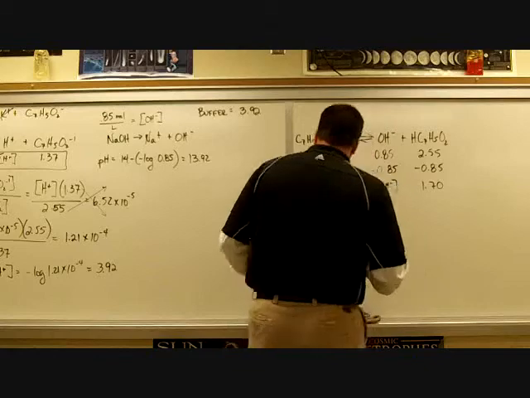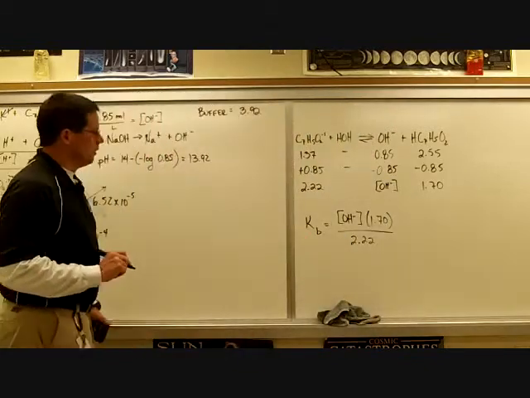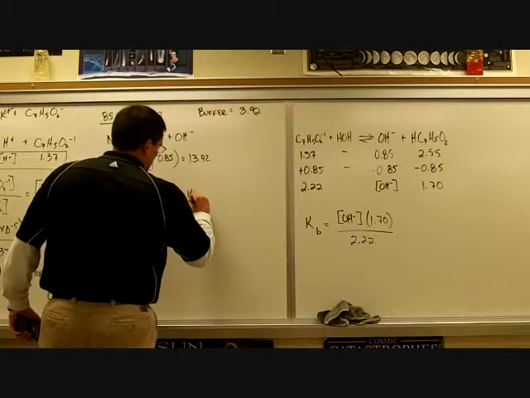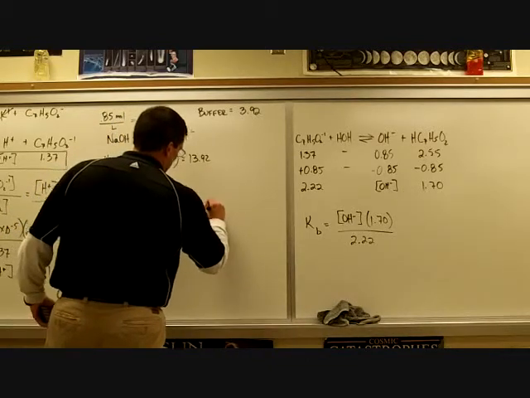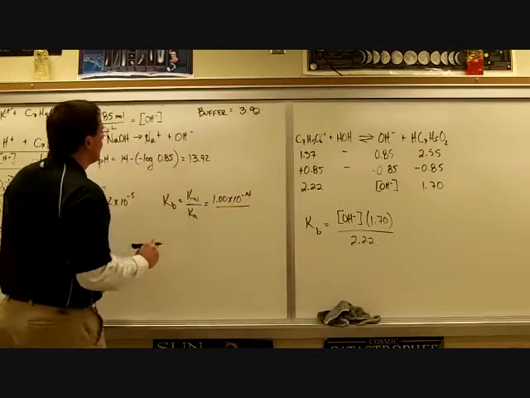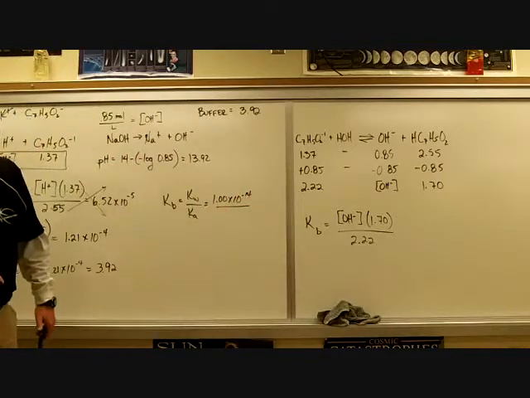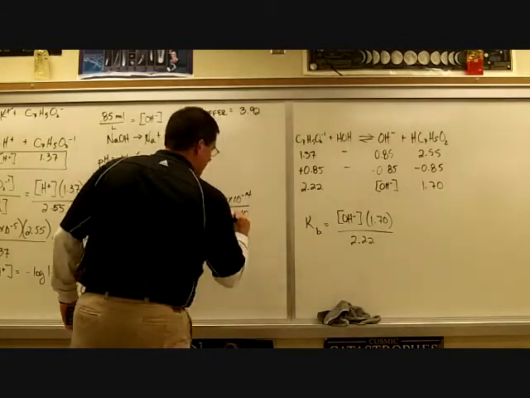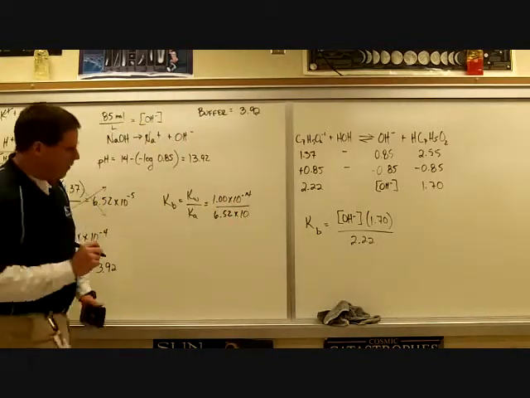2.22. Now, do we know the Kb value? No, so we got to find it. So Kw over Ka over, what was it, 6.52 times 10 to the negative 5.